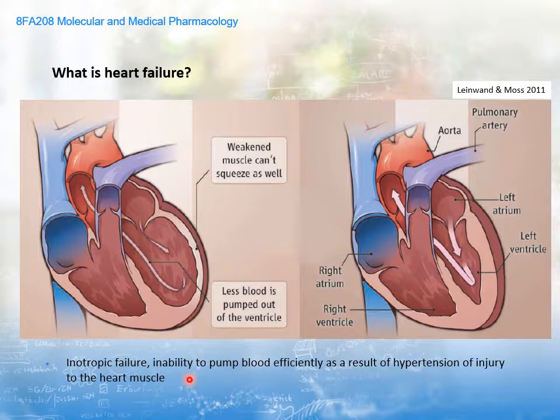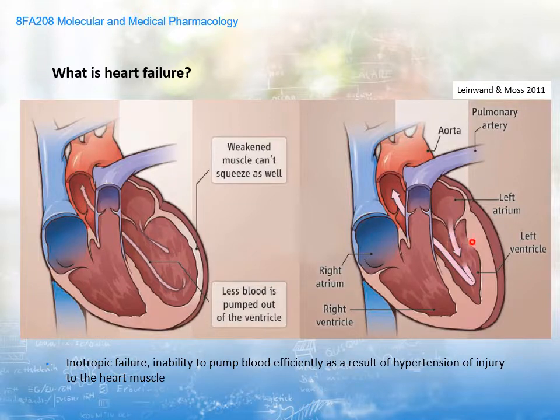When a heart starts failing, as a result of this failing, there are also changes in muscle structure that result in a heart that is getting weaker and weaker with time. What you can see in these two pictures is a failing heart on your left-hand side versus a more normal heart on your right-hand side.